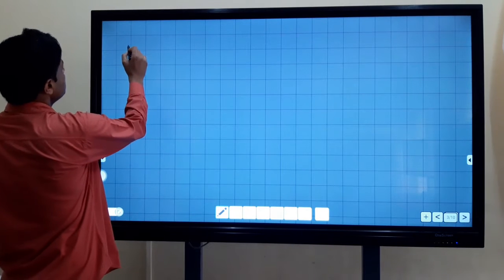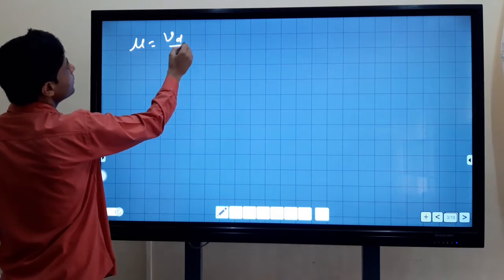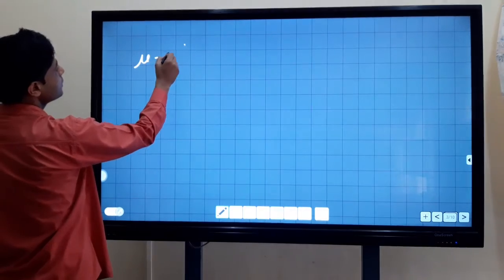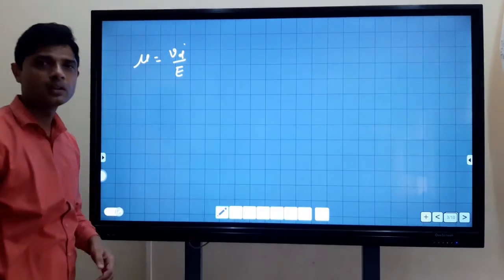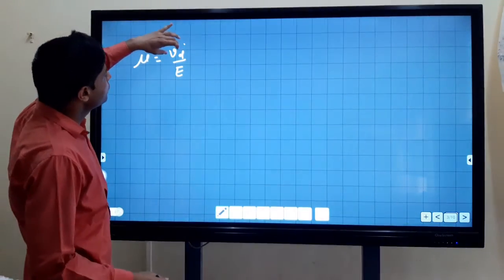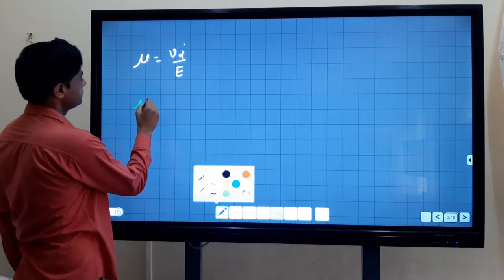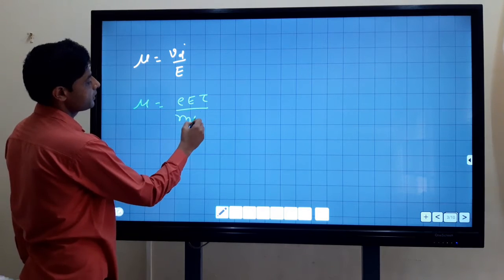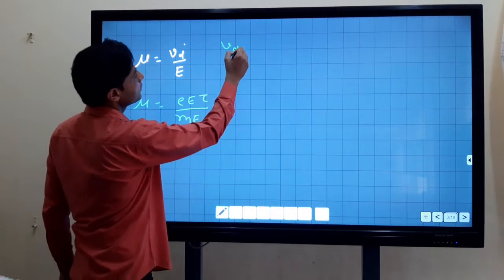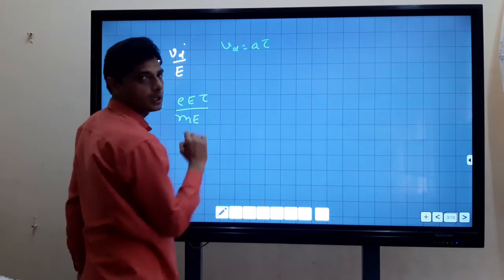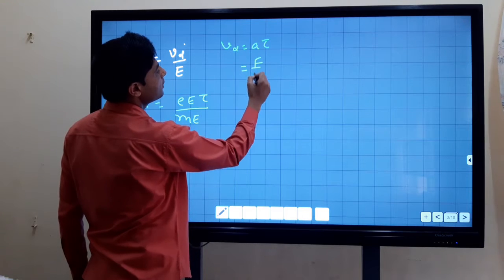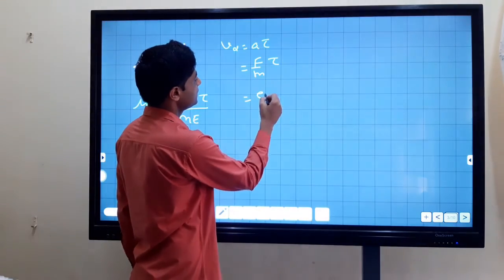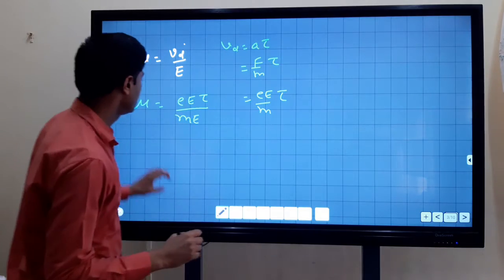Now as you know, mu equals Vd upon E. Here the value of Vd, because Vd is equal to a tau, and the value of a is equal to F upon m, and the force on a free electron is eE.